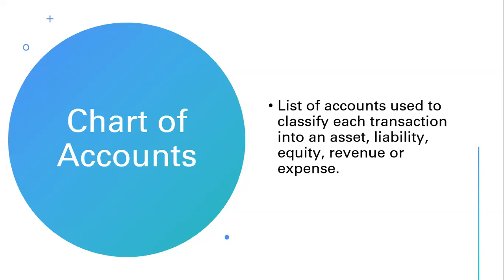Before you code any transaction, you need to make sure that it meets the definition of assets, liabilities, or equity. For repetitive transactions you probably just do it once, but when there are new transactions, you have to go through the same process of making sure they meet the definition before you code or classify them.